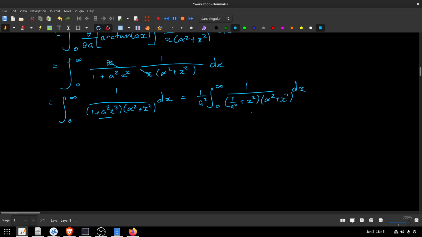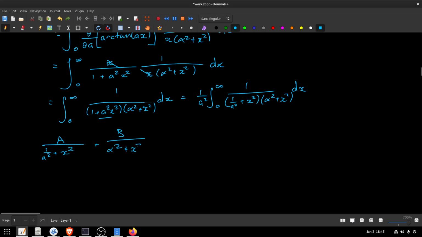dx. Cool, now this looks like a good candidate for a partial fraction decomposition, so we can have A over 1 over a squared plus x squared plus B over alpha squared plus x squared. We can go ahead and do this. This is going to be alpha squared plus x squared times A plus B multiplied by 1 over a squared plus x squared, and that's going to be equal to the numerator, in this case 1.